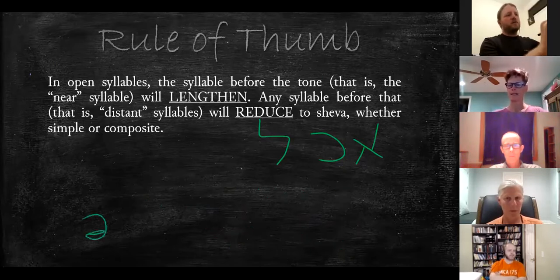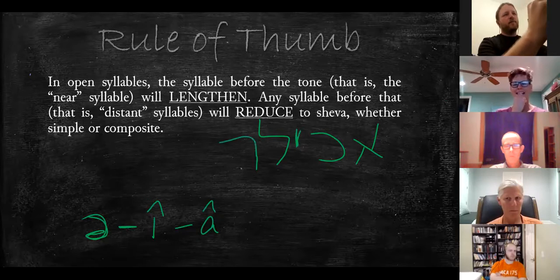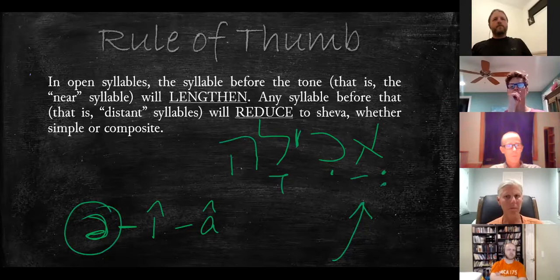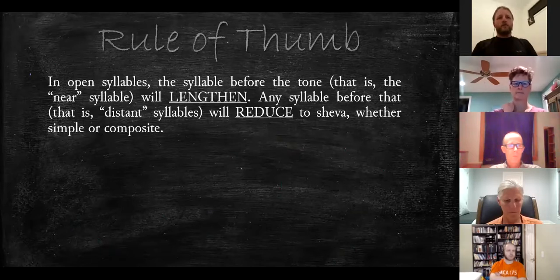It's a reduced first syllable, shva, the middle E, and the latter ah. That first syllable, instead of being shva, is going to be ah, but this is the same vowel pattern. If it's vocal shva or it's composite shva, it's the same. Shva is shva. That's a principle in Hebrew syllables. It doesn't matter if it's composite or if it's simple. It's composite because it's vocal on a guttural.